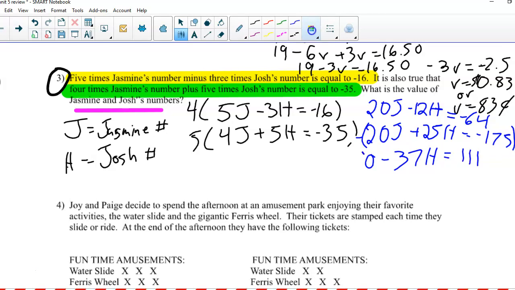Remember, the 0 doesn't really need to be there. And then divide, what is h? Negative 3. This will probably be the one time you have a word problem that gives you negative answers.